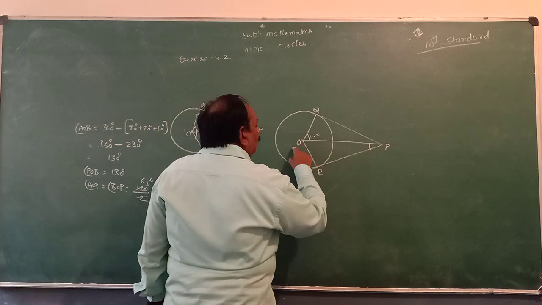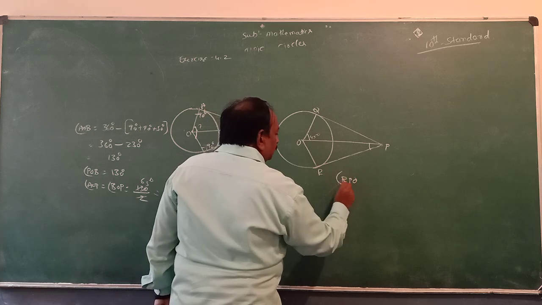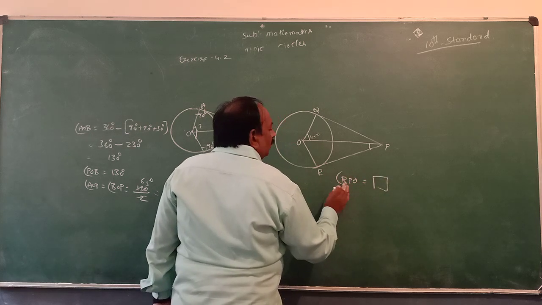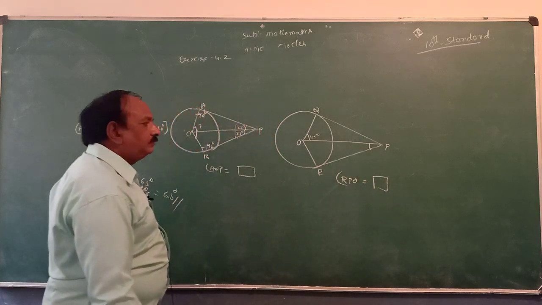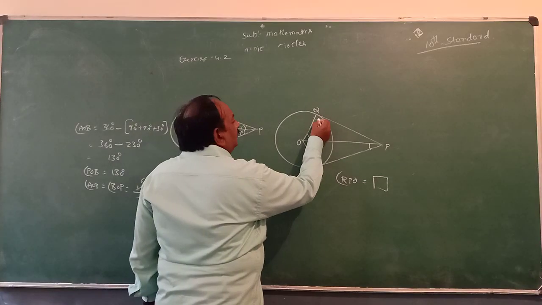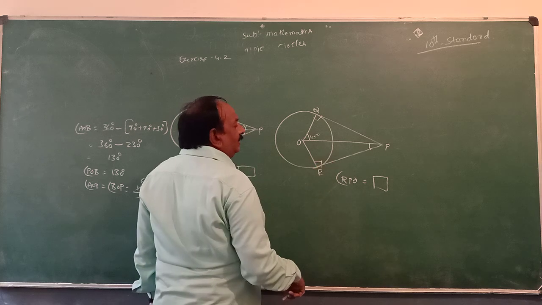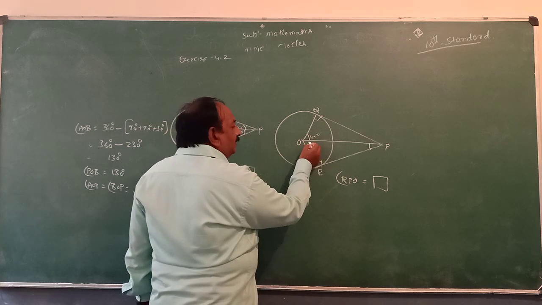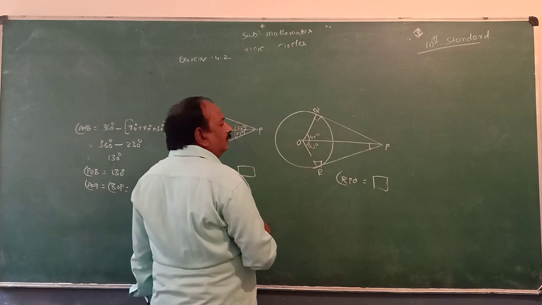Angle RPO is equal to dash. So once again, this is 90 degrees, this is 90 degrees. If it is 45, this is also 45.